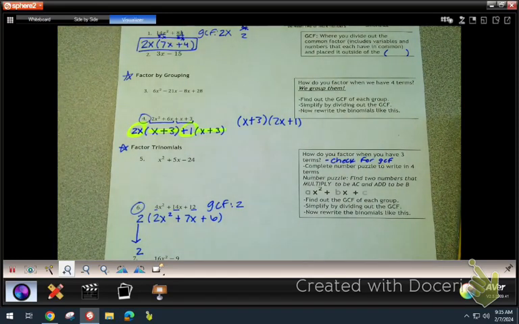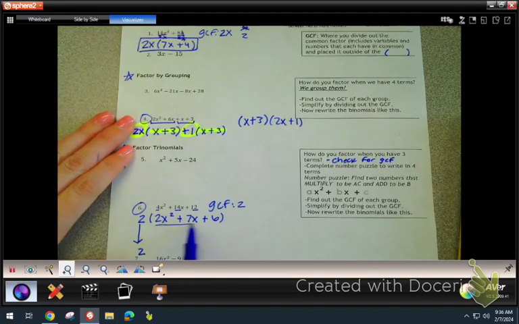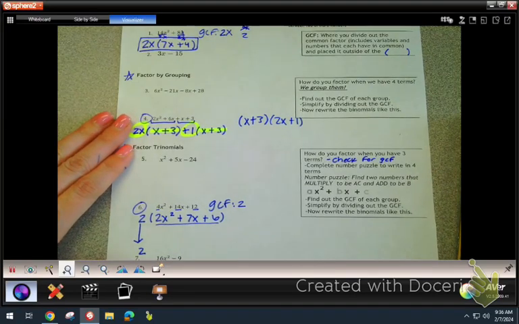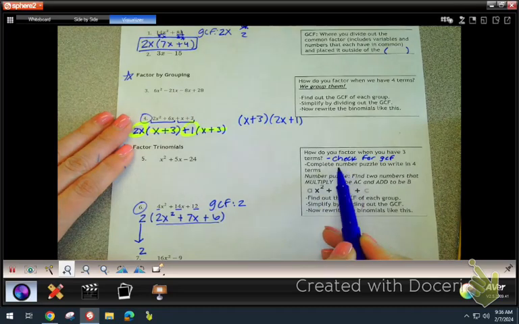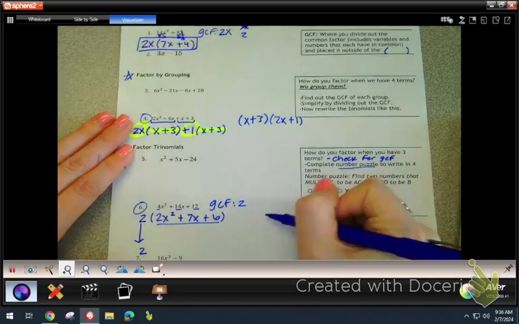GCFs always go at the front. But after I put it in my answer blank, I don't need to look at it anymore. I am now focused on this trinomial. So we check for a GCF. Then what do we do? Complete the number puzzle.